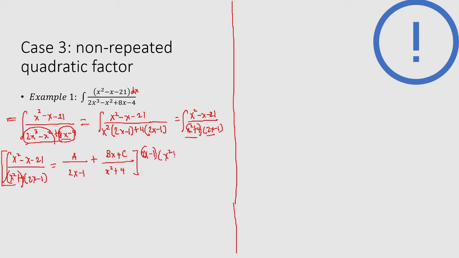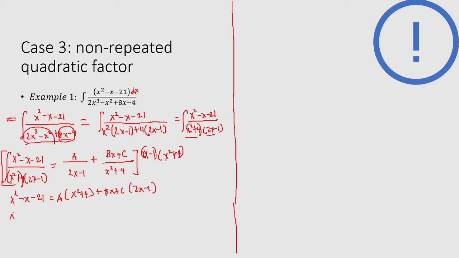Multiply both sides by the denominator. So this will now be x squared minus x minus 21 is equal to A times x squared plus 4 plus Bx plus C times 2x minus 1.